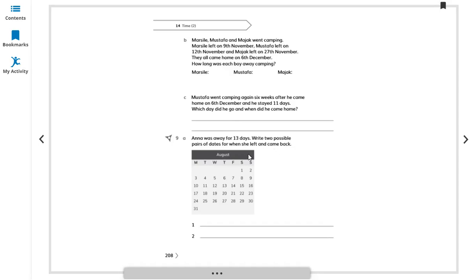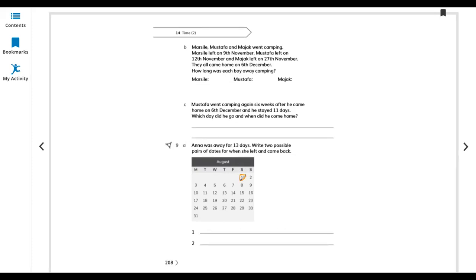So 13 days starting from the 1st, and the second will start from the 14th.